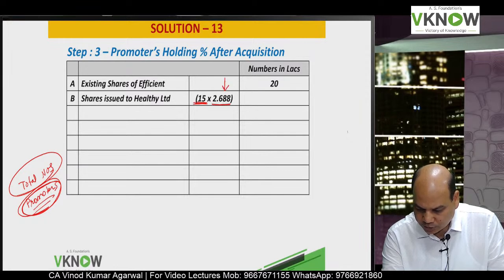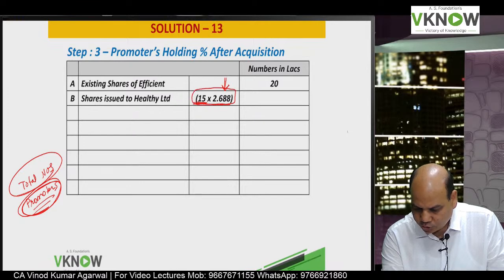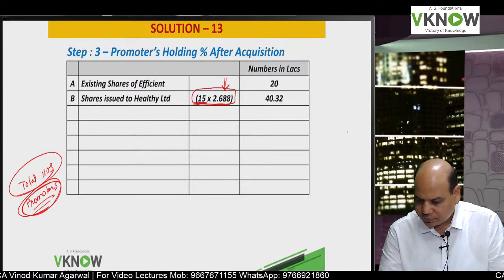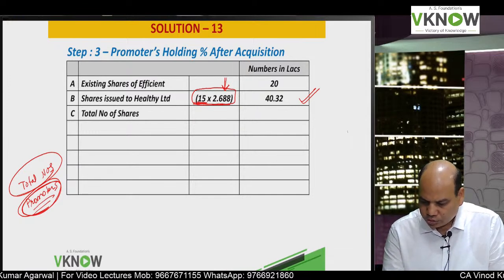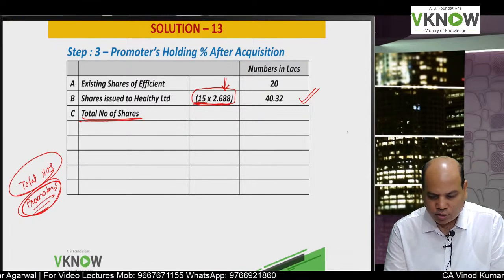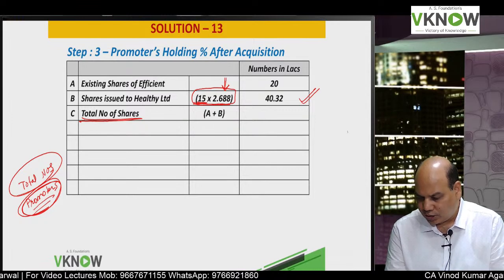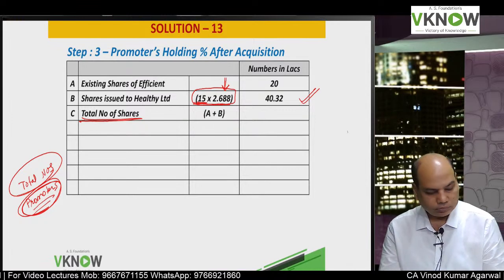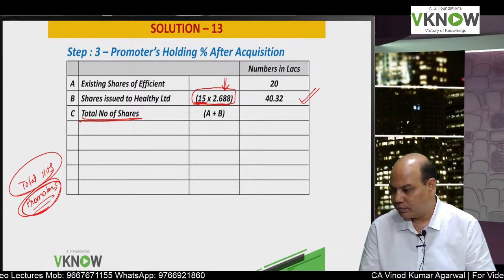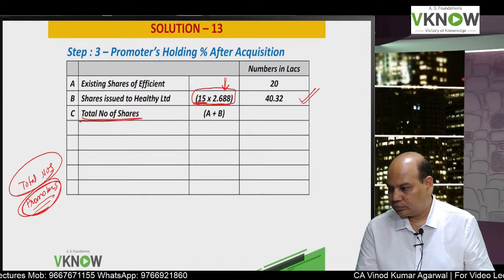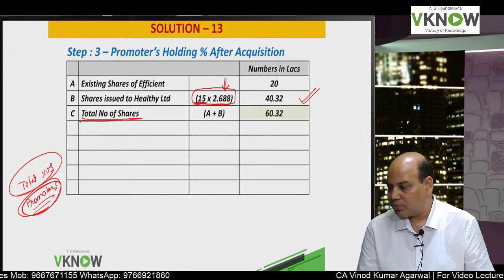This is the swap ratio. So they will get 15 into 2.688, which is 40.32 lakh shares. Point C, total number of shares after acquisition, A plus B. Total number of shares after acquisition will be 60.32.